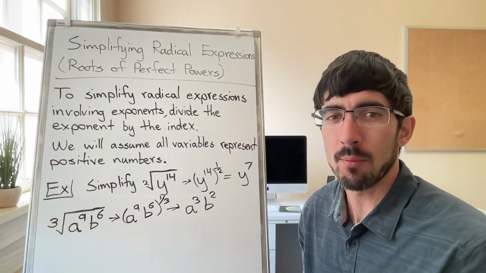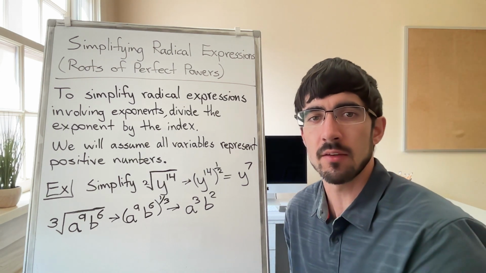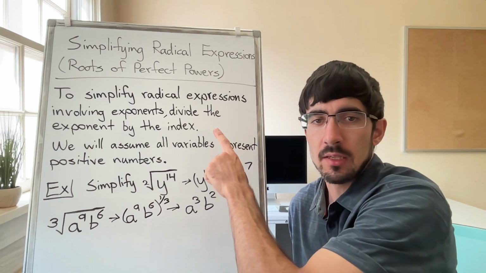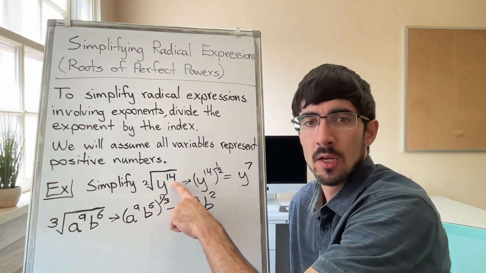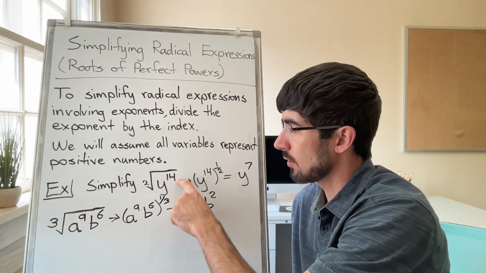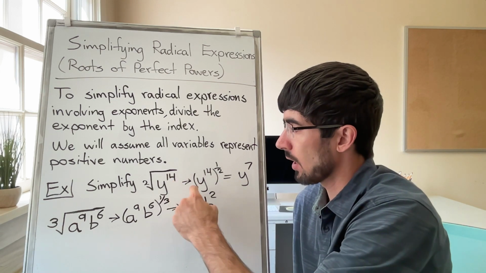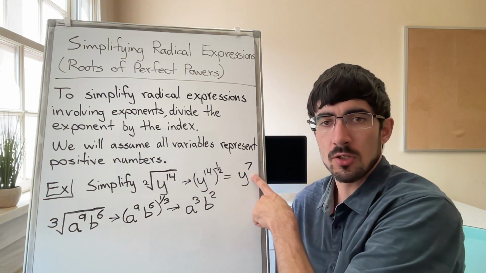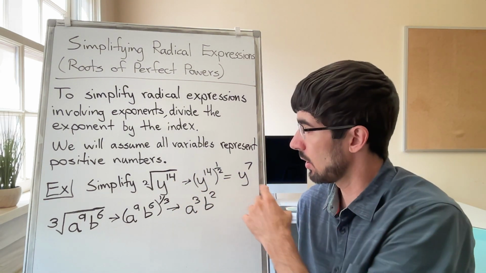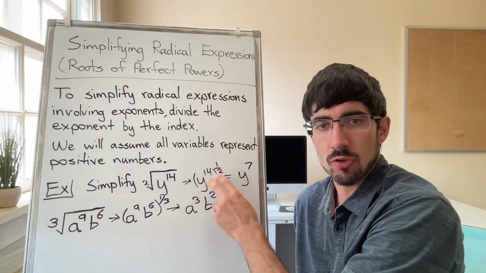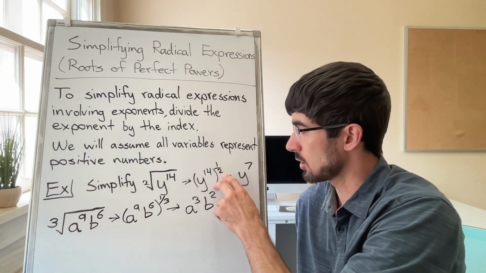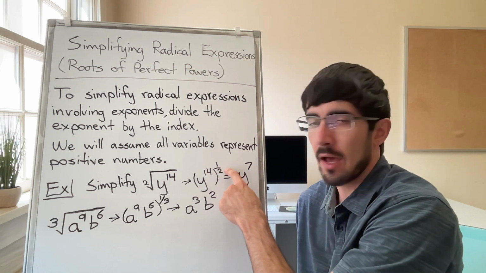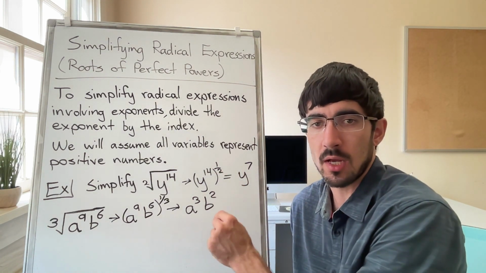Now we see why my shortcut works. I just said divide the exponent by the index, and that's exactly what happened here. If you want the square root of y to the 14th, you take 14 divided by 2, that's 7, and so your square root is y to the 7th. But it works because of the structure of the exponential expressions. Multiplying by 1/2 here is the same as dividing by 2.